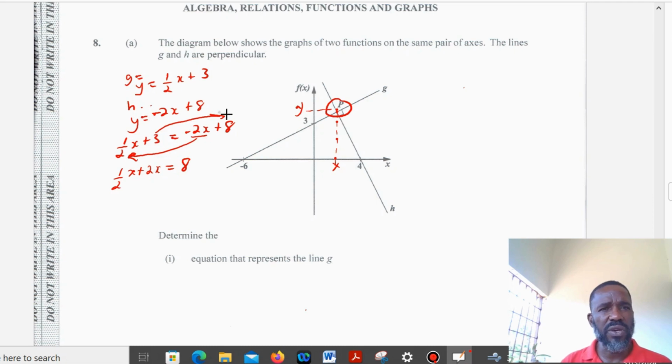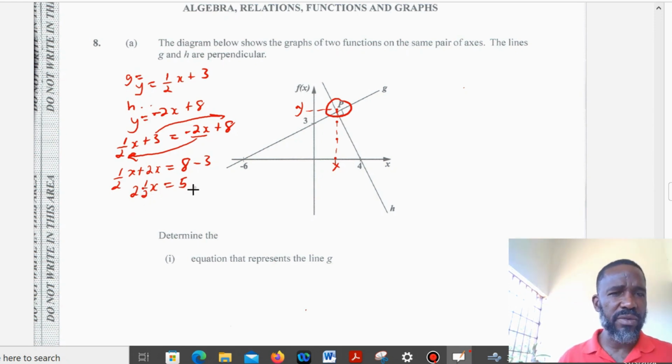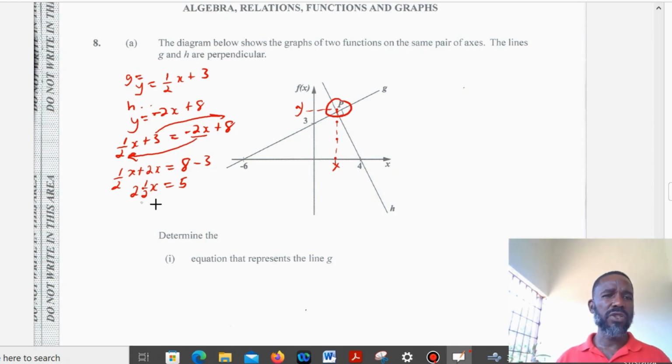A positive 3, when it goes across the equal sign, becomes negative, so it becomes 8 minus 3. So half x plus 2x gives you 2.5x is equal to 8 minus 3, which gives us 5. So this is basically saying 2.5 multiplied by x is equal to 5. So what is the value of x?